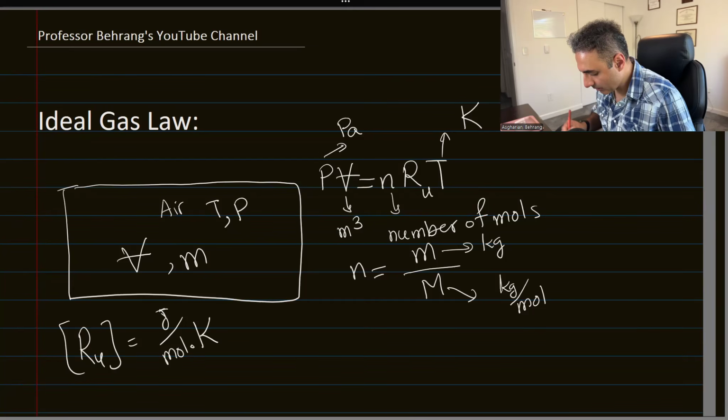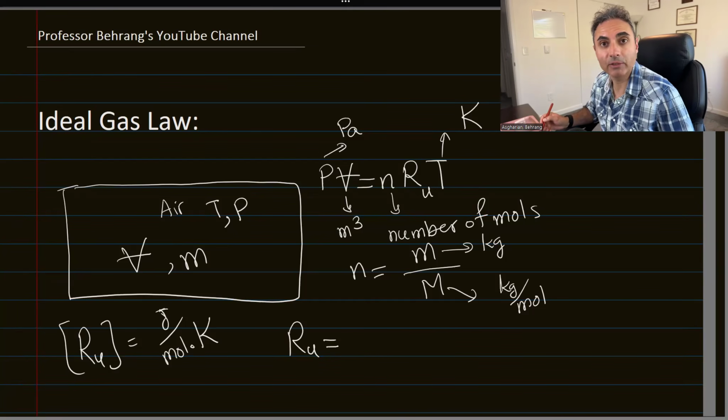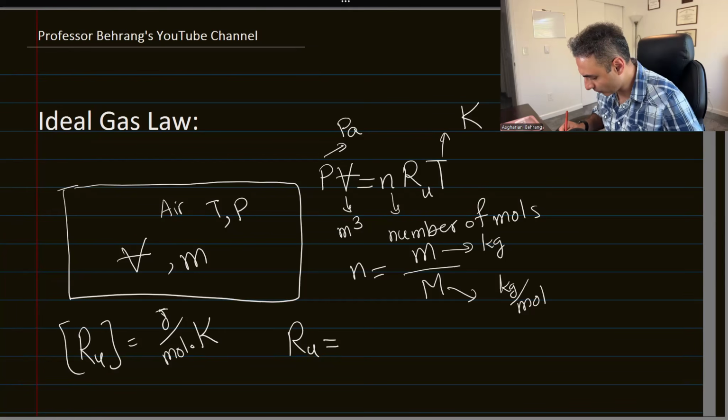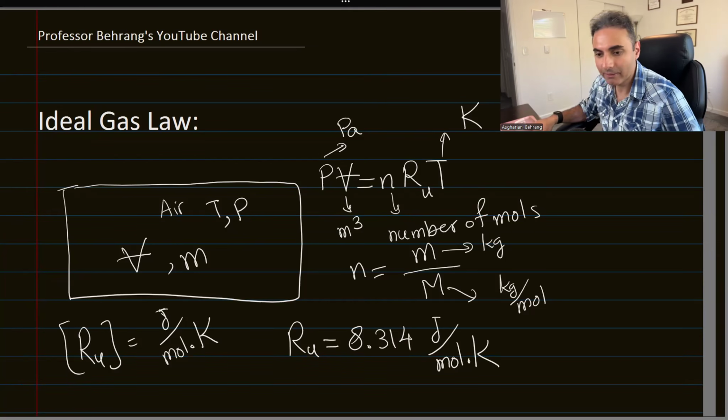The universal R has a certain value, and this value is correct for any ideal gas. Any ideal gas has the exact same number that I'm going to write for you. The value is 8.314 joules per mole Kelvin. That's the unit for the universal R.